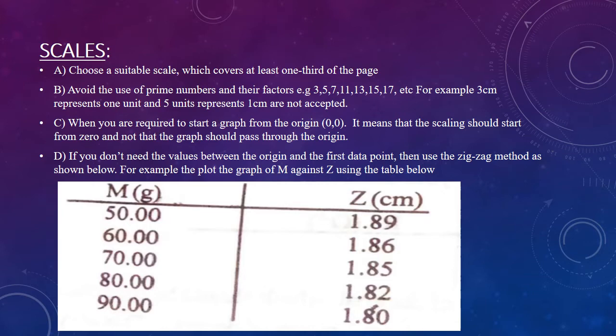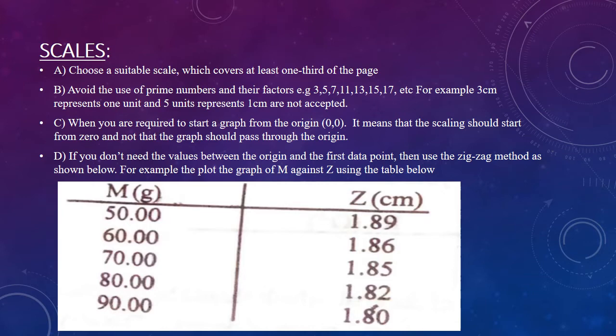So in order to do this, students must ensure they choose a scale such that the highest value on their graph is at 1/3 of the graph or above. Students should also avoid the use of prime numbers in choosing their scale, and also avoid the factors of these prime numbers.